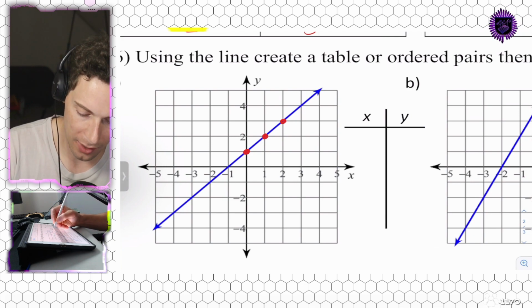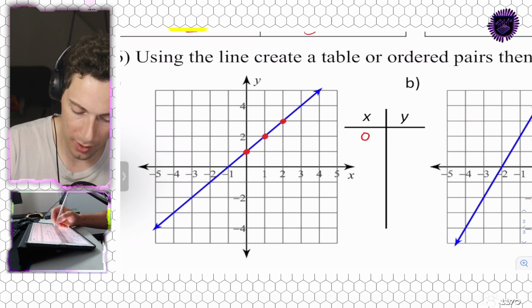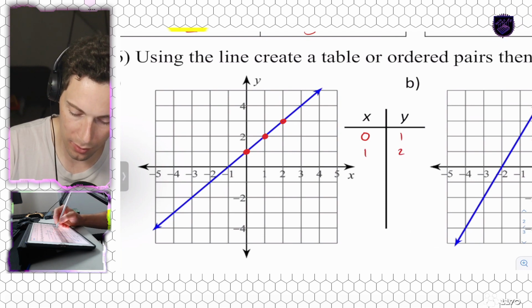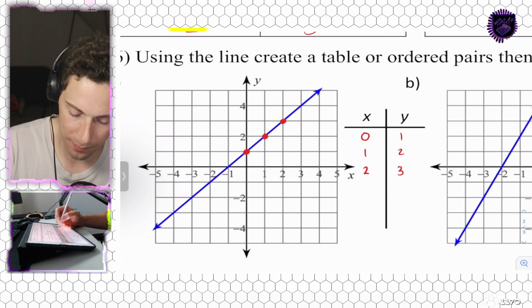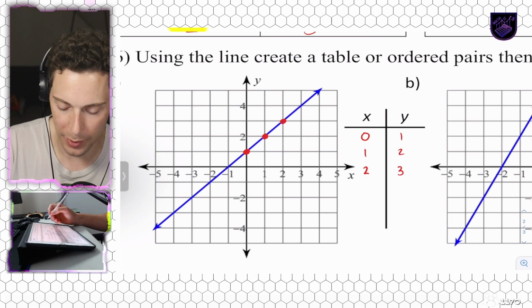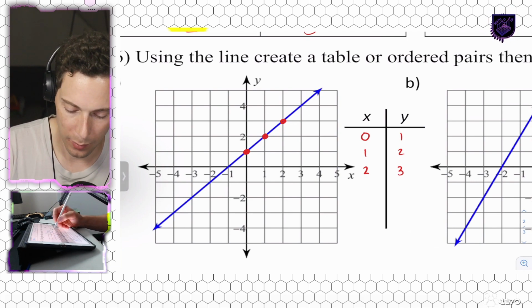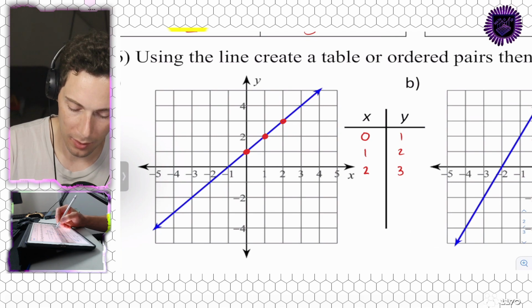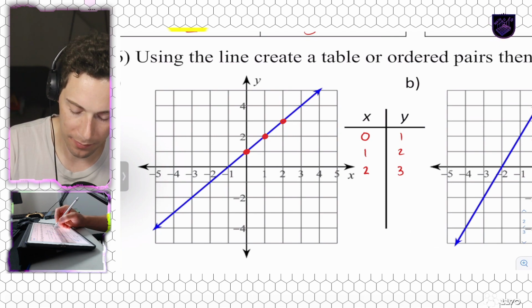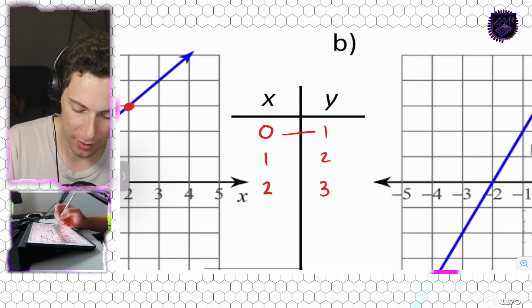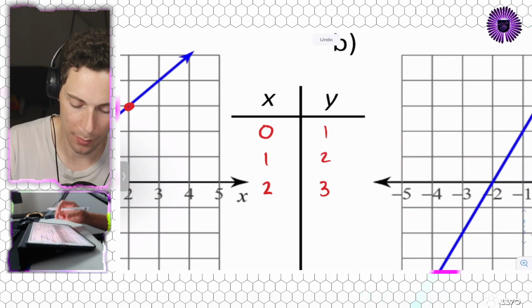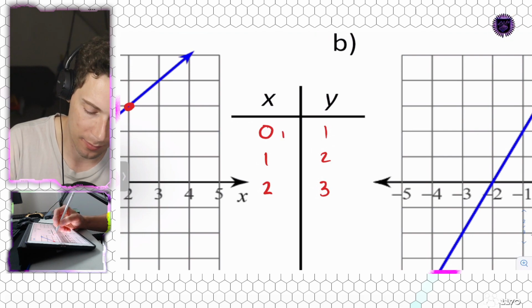So we have x is 0, y is 1, x is 1, y is 2, x is 2, y is 3. So what are we doing here? What's the rule? We can't multiply here to get 1 because you can't multiply 0, but we can add 1.